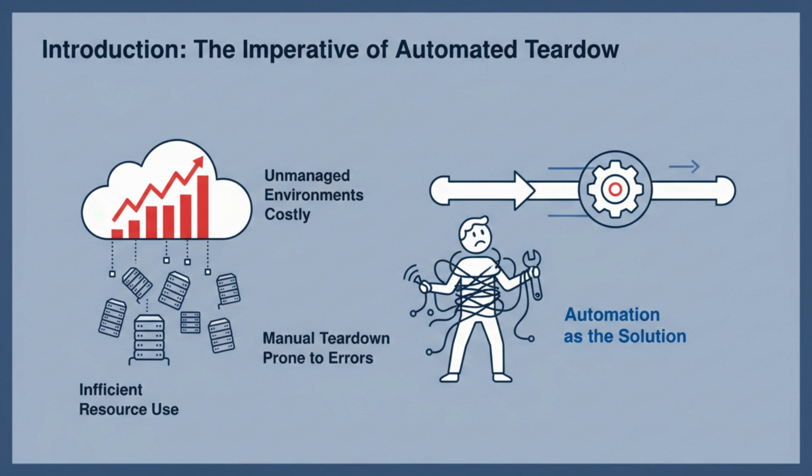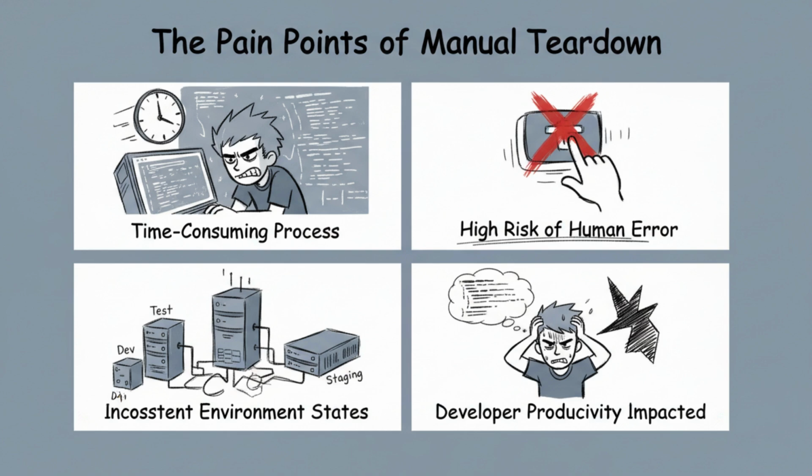This is not just about saving money. It's about optimizing resource utilization and boosting developer productivity. Let's be honest, manual teardowns are nobody's favorite task. They are inherently time-consuming, requiring engineers to context switch away from their core development activities. This process is also highly susceptible to human error.